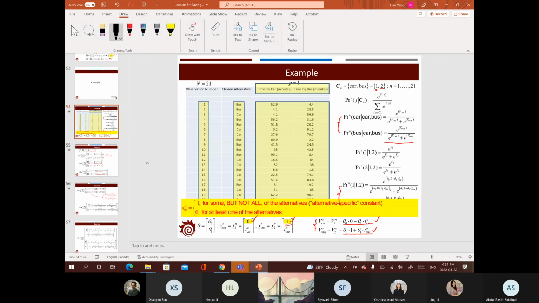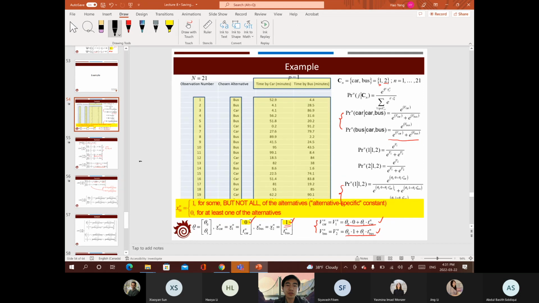So what you need to do is try to complete the whole process and get the result of theta, how the parameters are calibrated, and then you will have a better understanding of the whole calibration process and the implementation of the multinomial logit model.